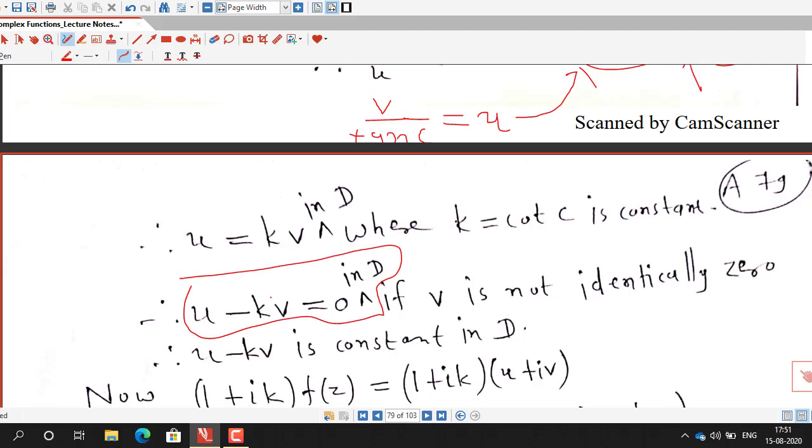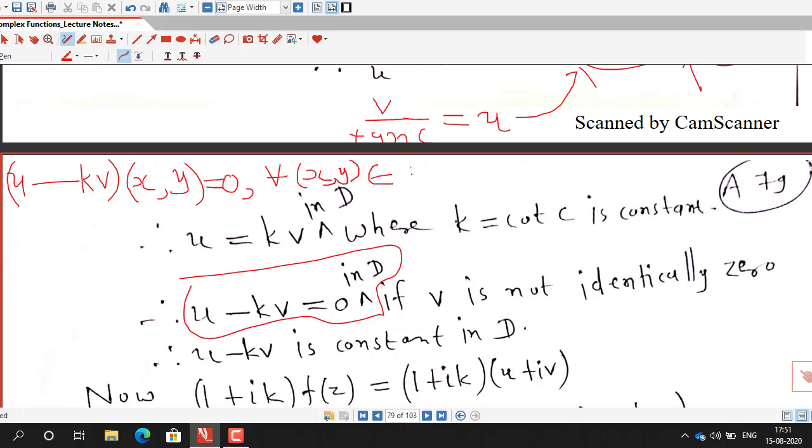The value of u minus kv at every point xy is 0. u minus kv is some function of x and y, and the value of this function at every point xy in a domain D is 0.